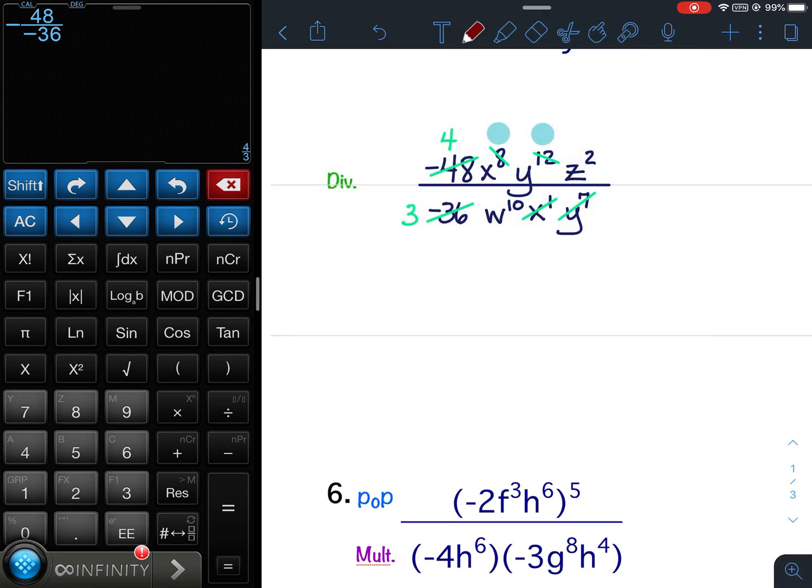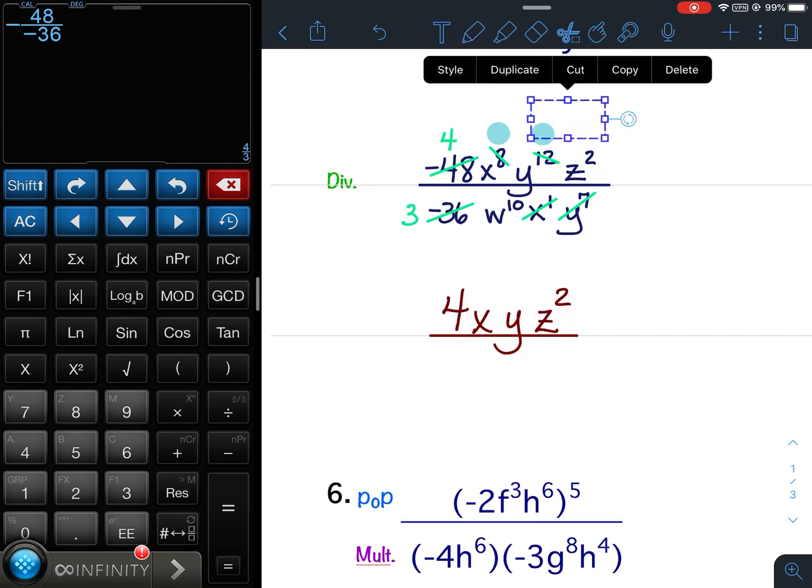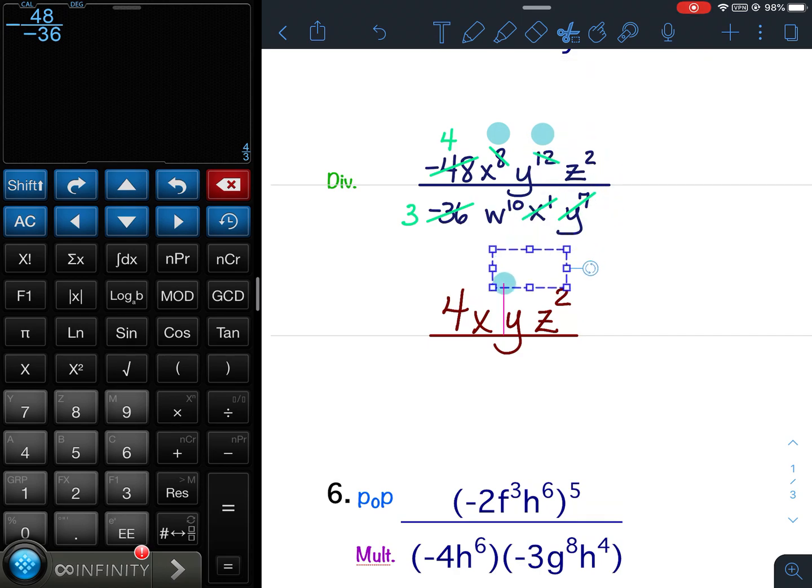So on top, I have 4 x, y, z. The z is to the 2nd. So you need to figure out what these are.